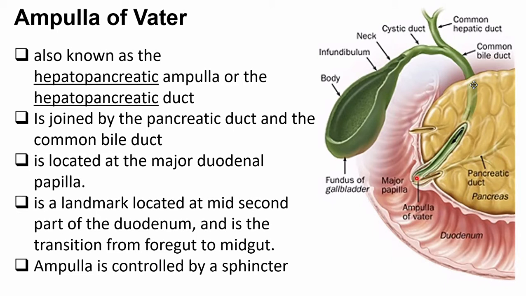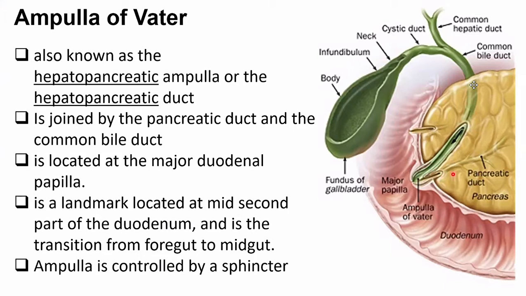Somehow there's a duct there. And this is formed by the union of the pancreatic duct and the common bile duct. The ampulla of Vater is located along the second part of the duodenum.